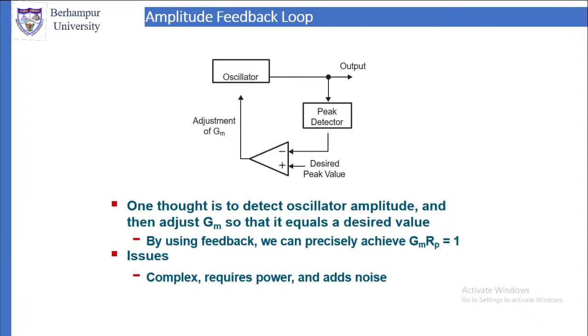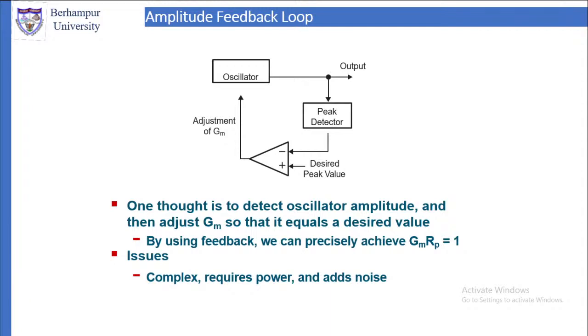If you look at this, one can detect the oscillator amplitude and then adjust Gm so that it equals the desired value. So oscillator amplitude and Gm are adjusted through this feedback. Gm is continuously adjusted, the desired peak value is given, and the peak detector detects the oscillator amplitude.